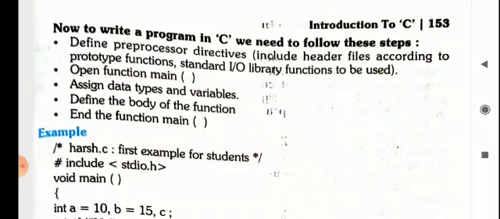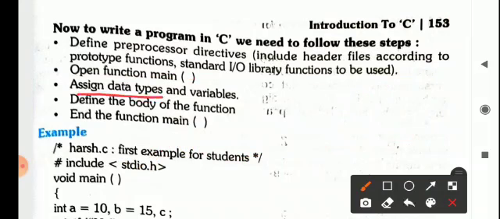Fine. After this you have to assign data types and variables. For example, if you want to add two numbers, subtract, do some calculation or some more tasks, we need to define its data type and variable. Then define the body of the function, that means what your program is going to do exactly, that detail you have to write there, the logic of your program.